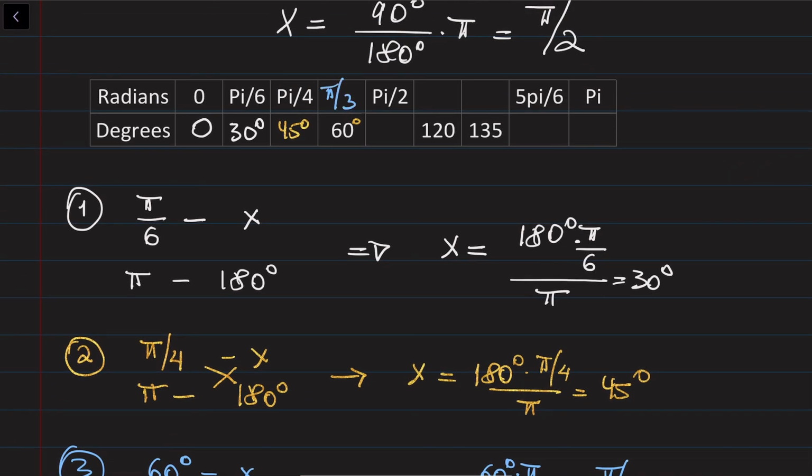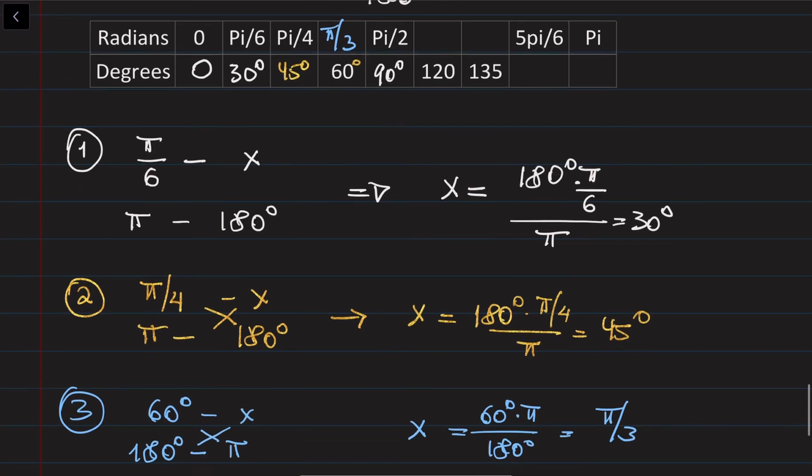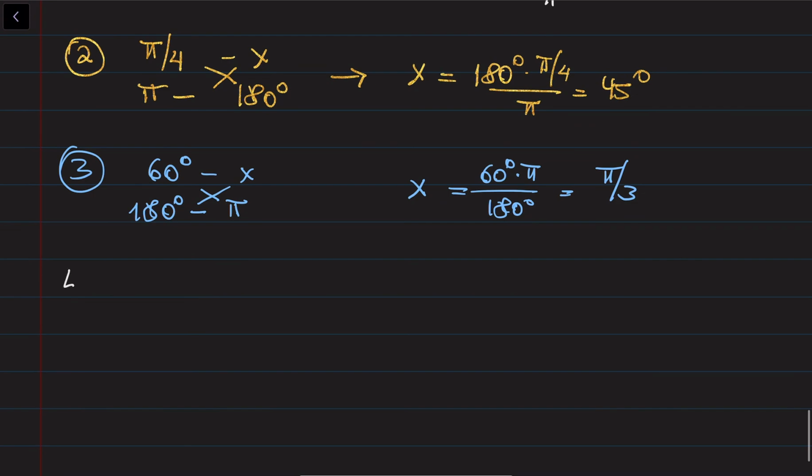So let's fill out all of the rest of the table. Pi over 2 is exactly half of 180 degrees, so that's why it's equal to 90 degrees. Now 120 degrees: how to find it? Let's say we are given 120 degrees, and we need to find its radian representation, right?